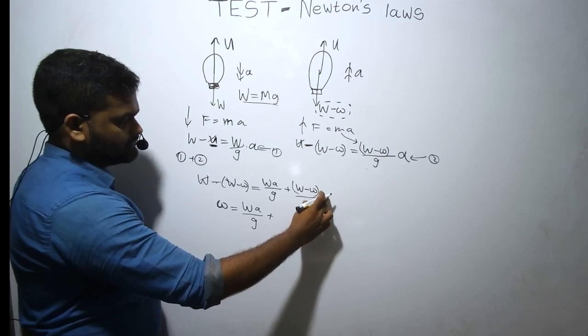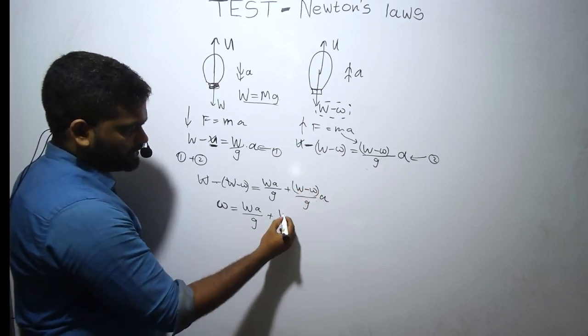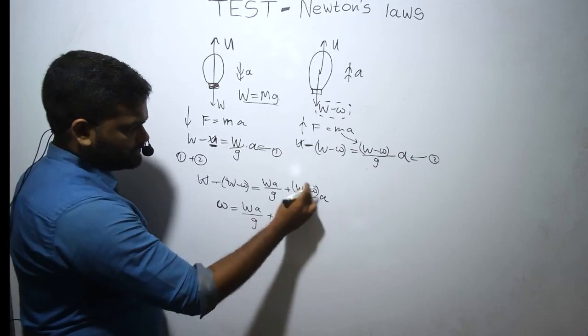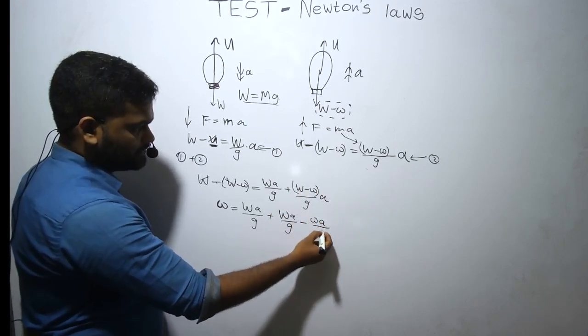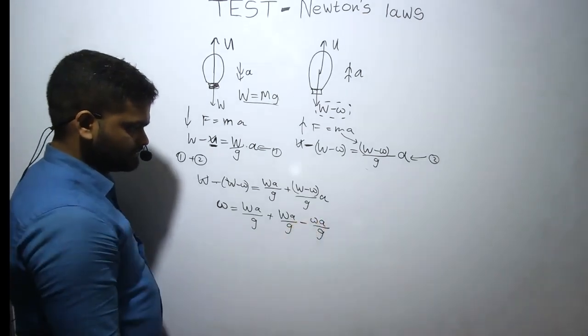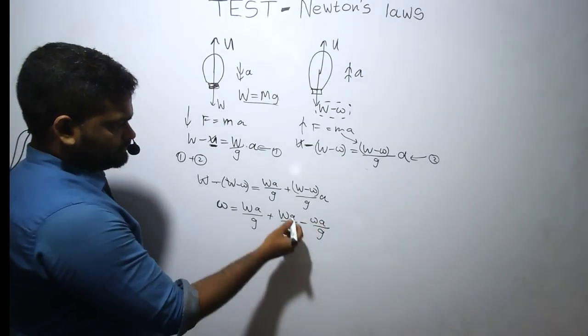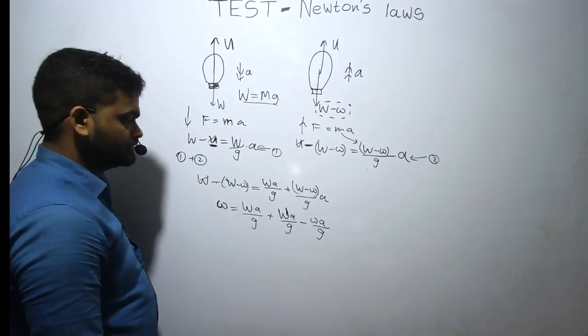I'm removing the brackets, multiply and divide. WA divided by G, WA divided by G minus simple WA divided by G, right? So we got these. Can you cancel these two? Can't, right?